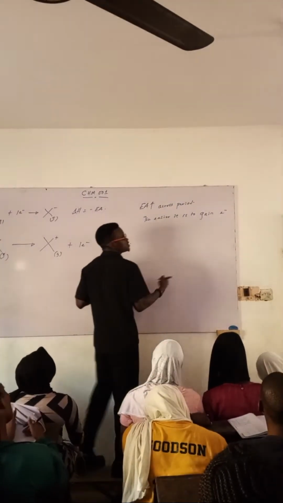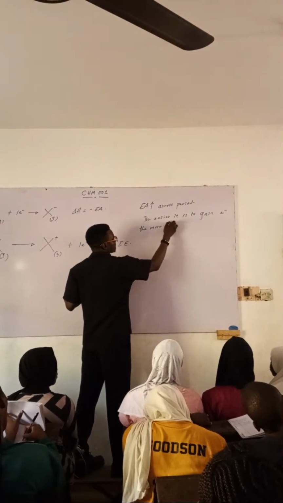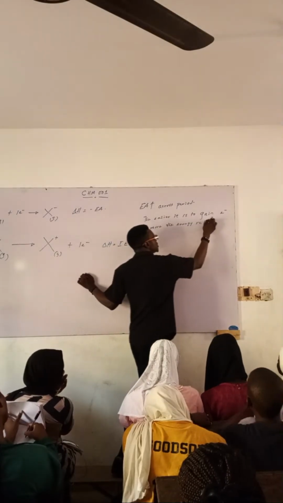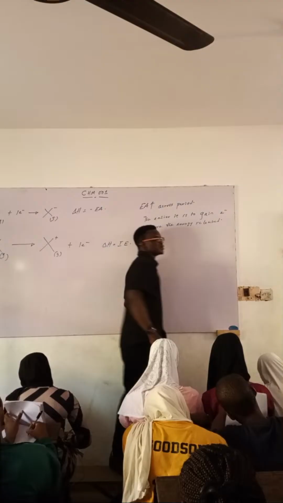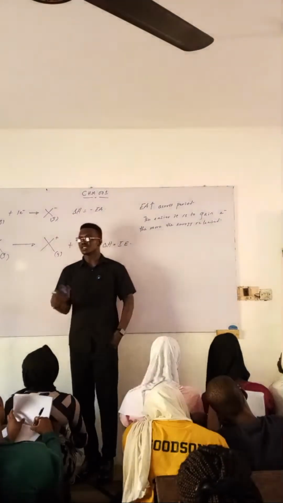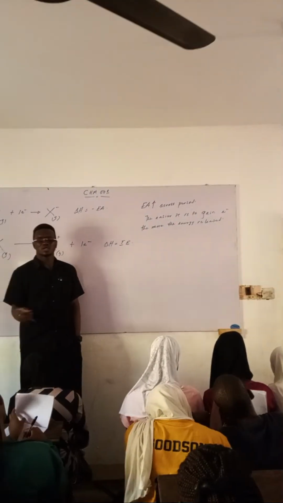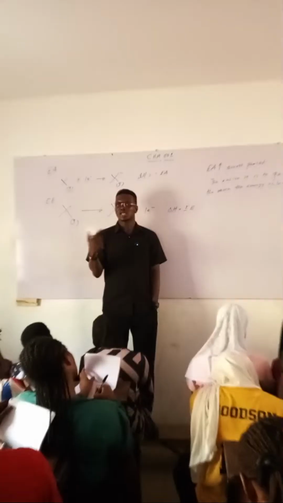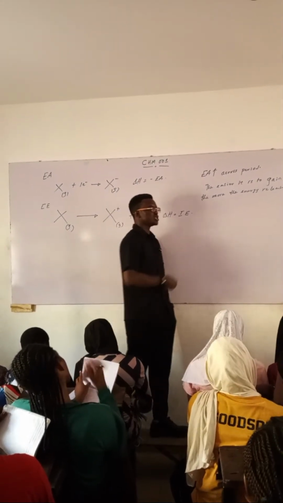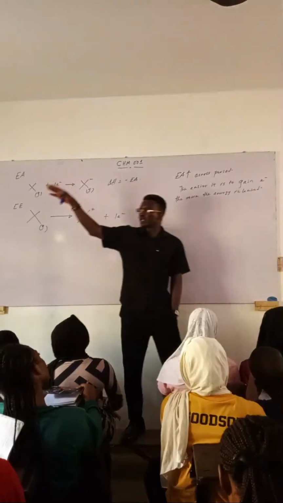The more the energy released. So the easier it is to gain an electron, the more the energy released. And as you move from left to right across the period, those atoms will keep gaining electrons. And when they gain electrons, more energy will be released, which means that fluorine is the one that is last at that level.